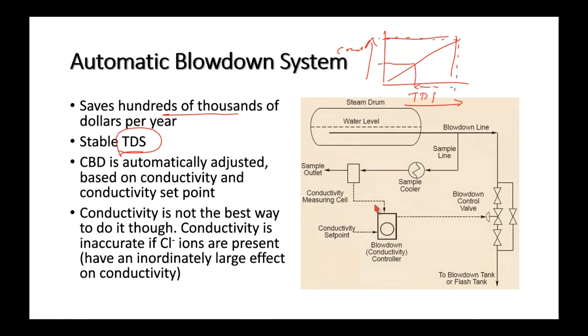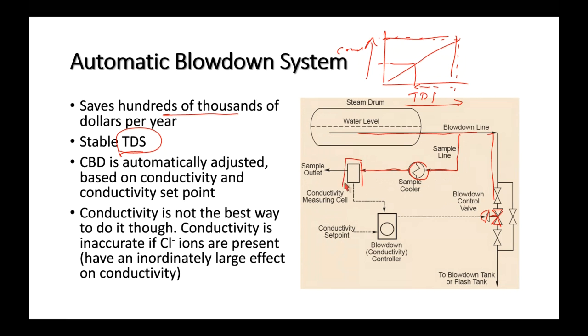So what this means for this system to work continuously, we must have a continuous flow of boiler water through the sensing device. So here's our CBD line. Here's our automatic micro-adjusting boiler blowdown valve. And we've got this sample line here going through a sample cooler, because if it's really hot water, it'll wreck our sensor.